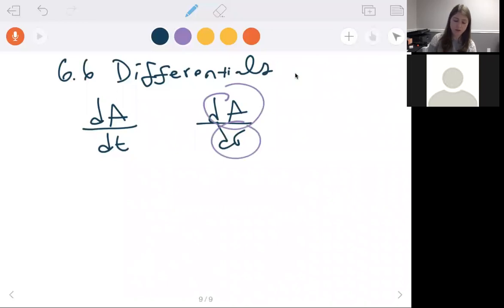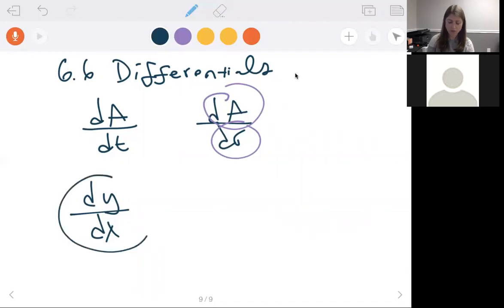And if we're thinking back just a moment to dy dx, dy is a differential, dx is a differential. And I want to connect this idea of a differential and the dy over dx together, telling us the derivative is related to the instantaneous slope. We say dy dx is the instantaneous slope.